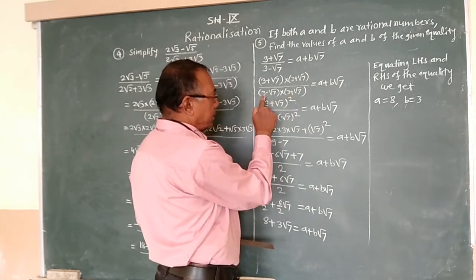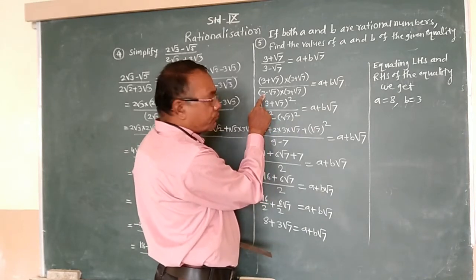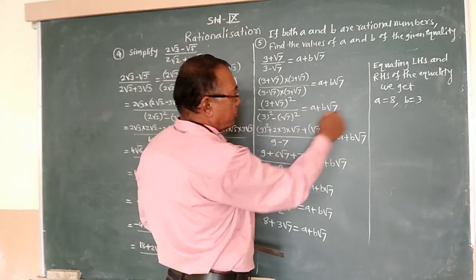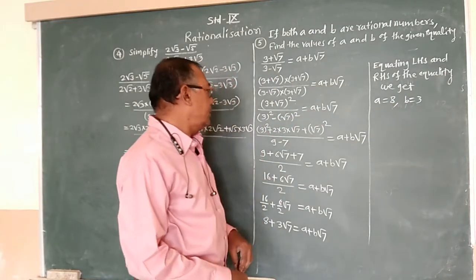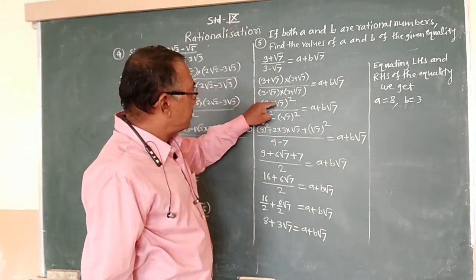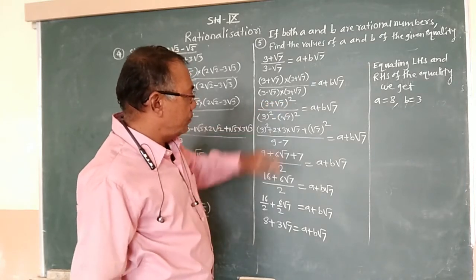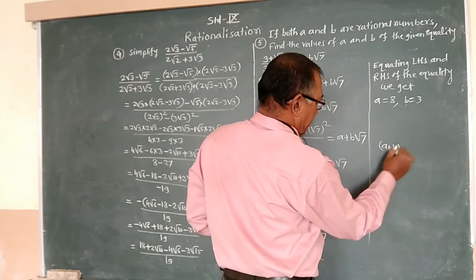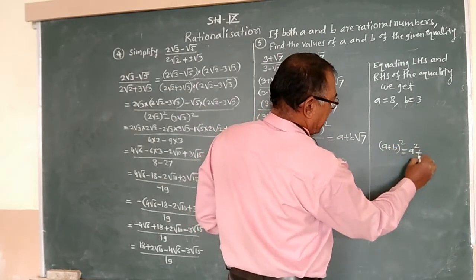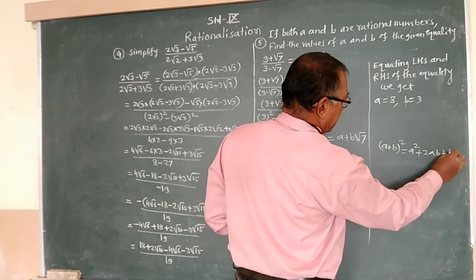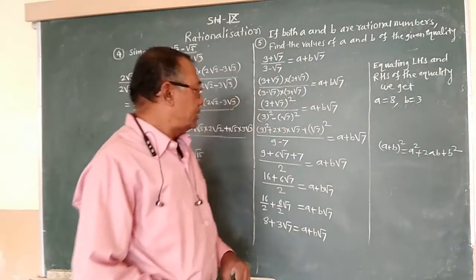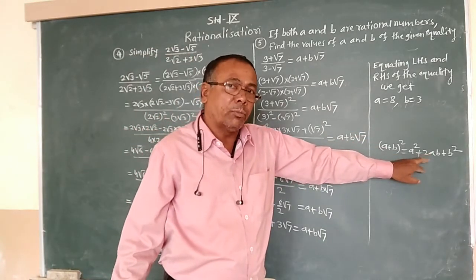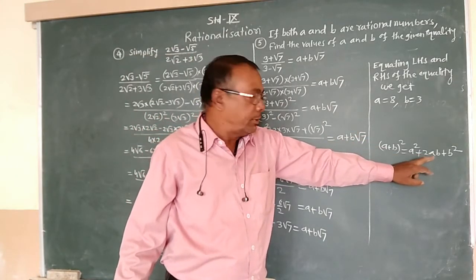So that will be in the form of a square minus b square. So 3 square minus root 7 square is equal to RHS. Then here (a plus b) whole square, we know that (a plus b) whole square is equal to a square plus 2ab plus b square, and therefore I have written this bracket in the form of the RHS of this identity.